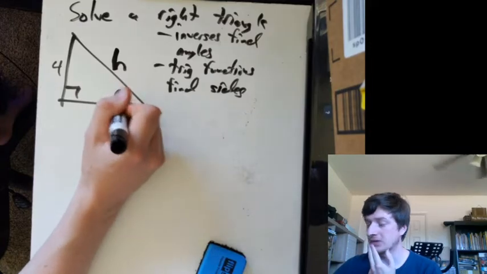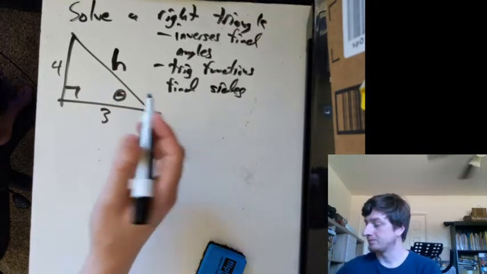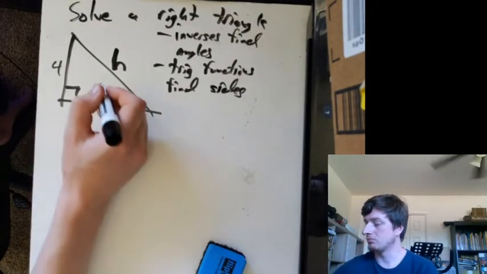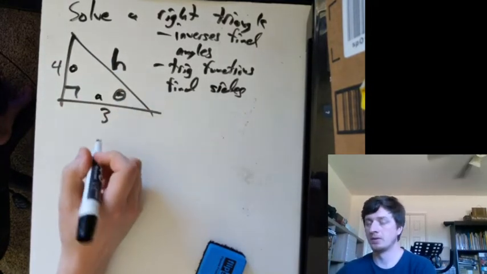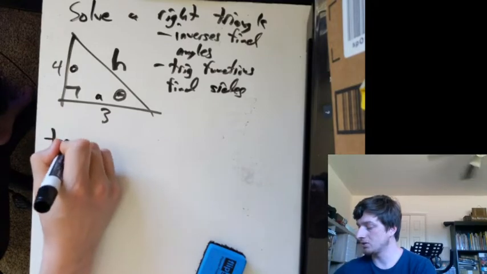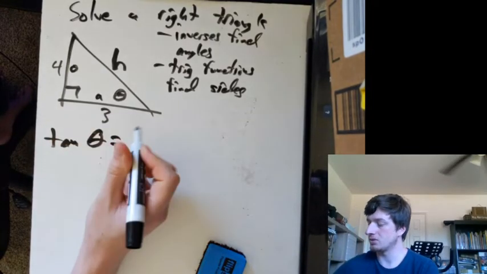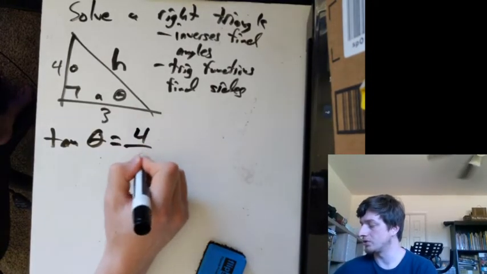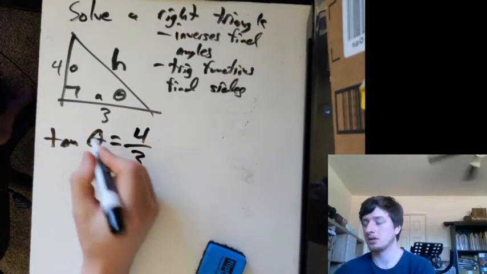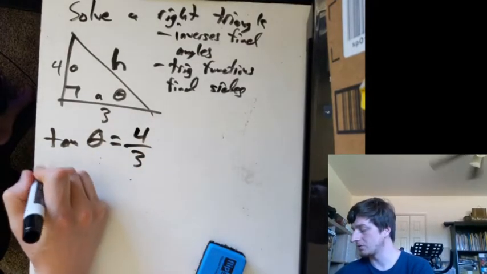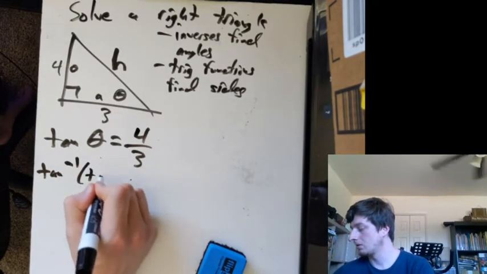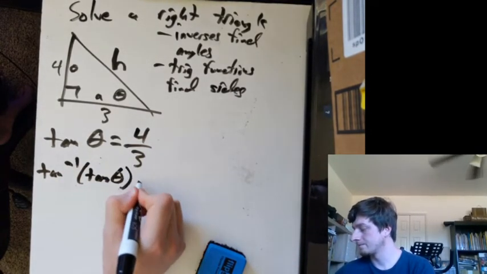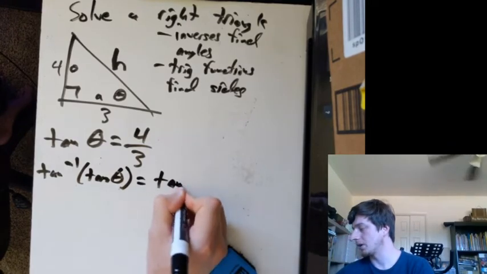Okay, so first we need to find theta. This is theta here, this is the opposite side, this is the adjacent side. So we're going to use tangent of theta is opposite over adjacent. To find theta, we would do tan inverse, which is a tan with a -1 on it, on both sides.